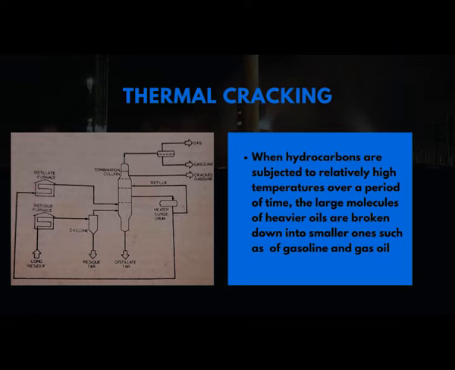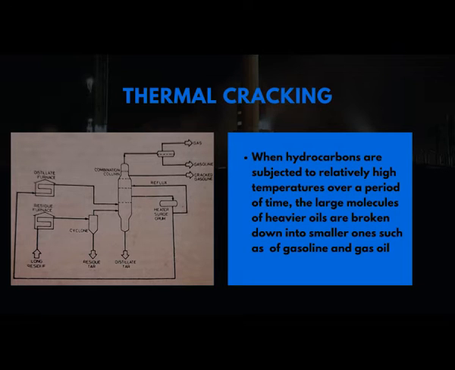Then we move on to the conversion of the residue into valuable products by different kinds of cracking processes. The first one is known as thermal cracking. When hydrocarbons are subjected to relatively high temperature over a period of time, the large molecules of heavier oils are broken down into smaller ones such as gasoline and gas oil.